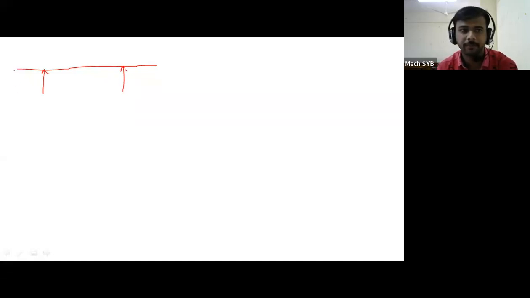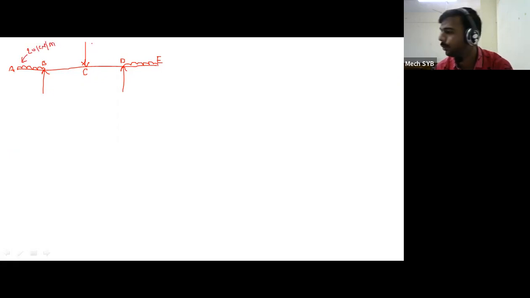So this is the overhanging beam. This is point A, B, and here this is point C, D, and E. Here it is subjected to a UDL of 20 kilonewton per meter. The point load value given is 105 kilonewton.